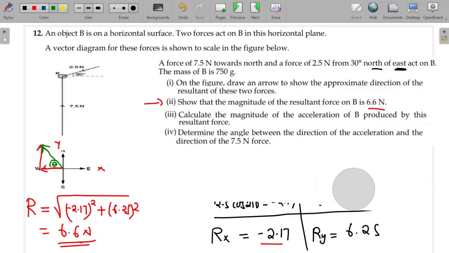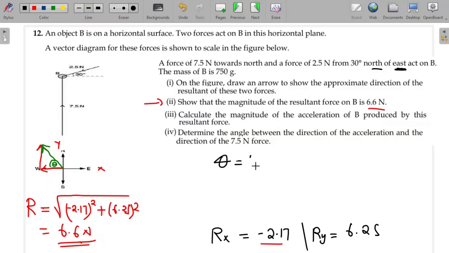We're going to find that angle by dividing those two that we have. Theta is equal to tan inverse. Even if it's negative, you put a positive. So that will be 6.25 divided by 2.17.